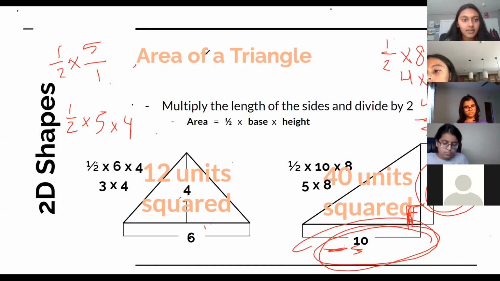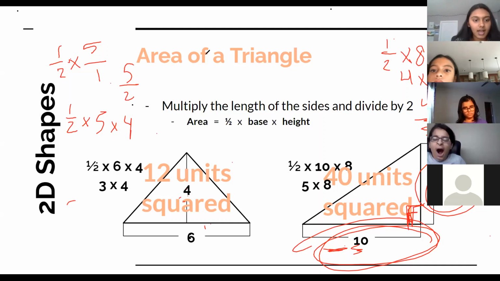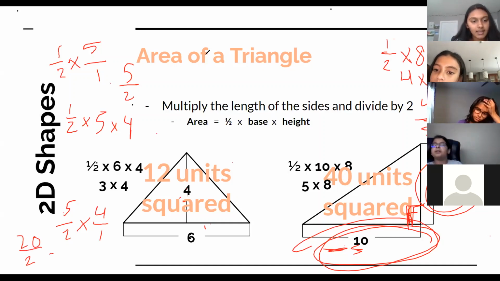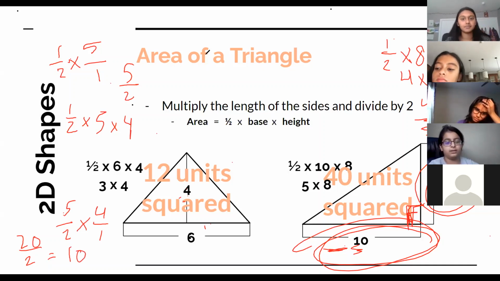So 1 times 5 is 5, and 2 times 1 is 2. So that'll be 5 halves. Now 5 halves times 4, so 4 over 1, you multiply that, you get 20 over 2, and that equals 10, because that simplifies to 10. Okay?